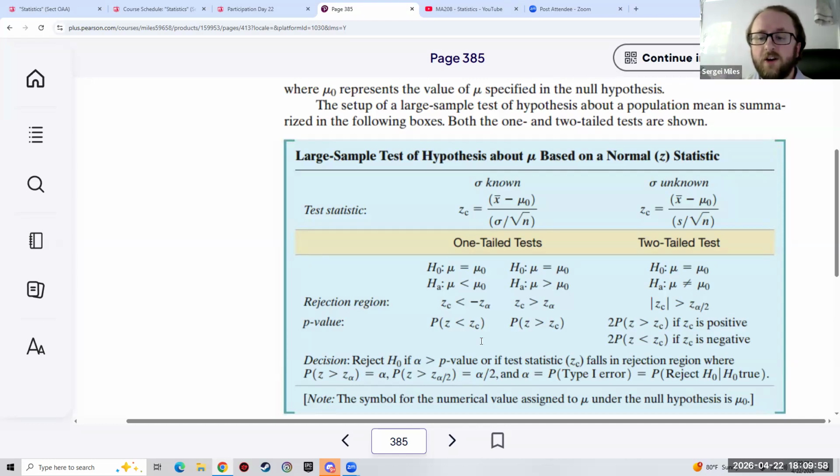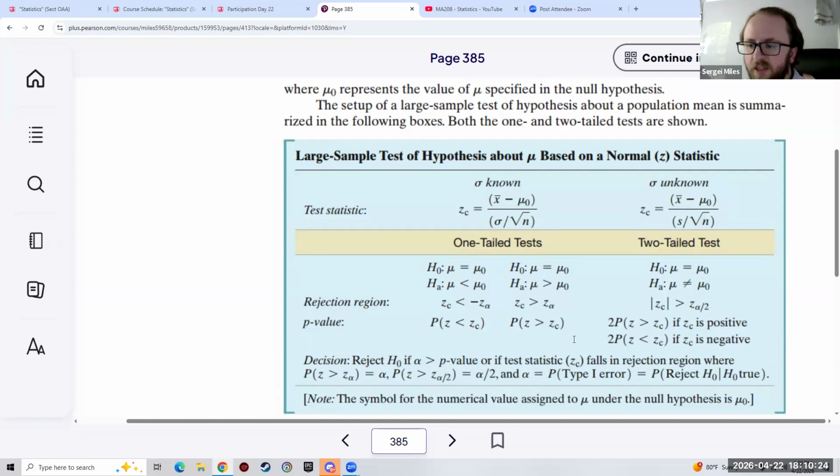In other words, we're calculating the probability of the tail based off of the test statistic we're given from the sample data. The sample data will tell us how far away the sample data is. And then based off that, we want to know what is the probability of having a statistic that far away. If that probability is small enough, if the p-value is less than alpha, then we can reject the null.